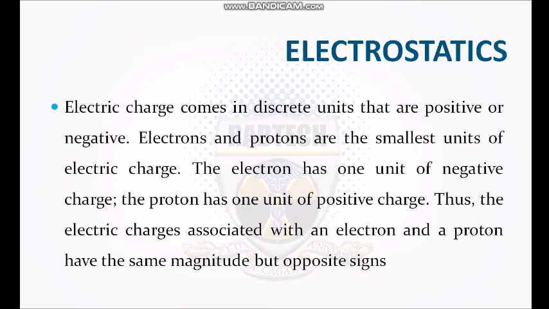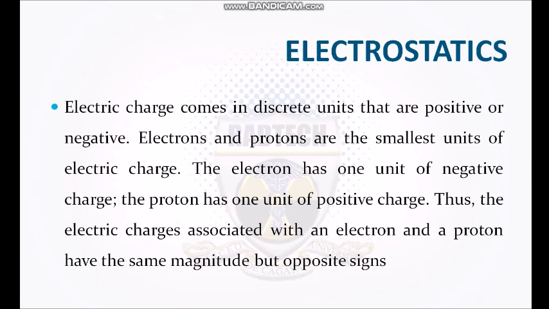In the nucleus you have your protons and neutrons. The charges responsible for the charge of the atom are the electrons and the protons. The neutrons are neutral in charge. Electrons are negative, protons are positive.